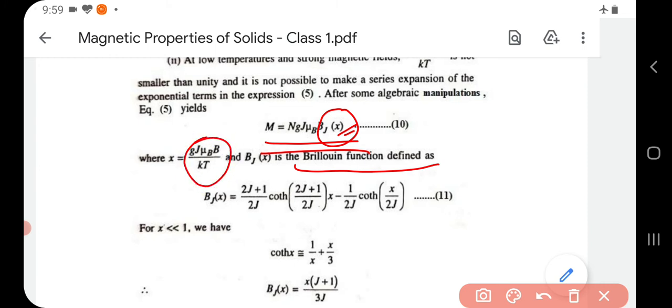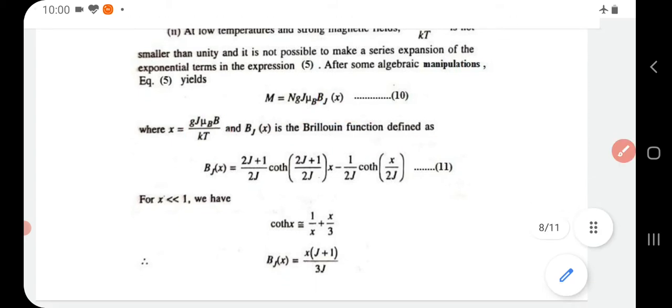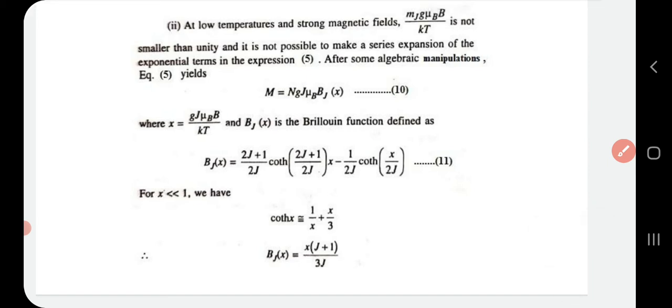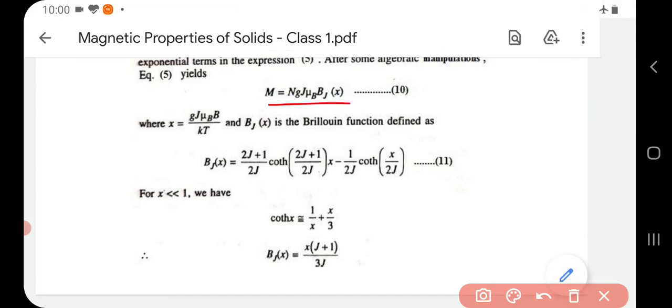So in this topic you will come across many such expressions and their substitutions, so there is no other way, you just have to learn. Okay, so B_J(x). So now in the second case, the expression for M is n g j mu B B_J(x), where B_J(x) is a Brillouin function. And the Brillouin function, if you want, you can again write this expression.